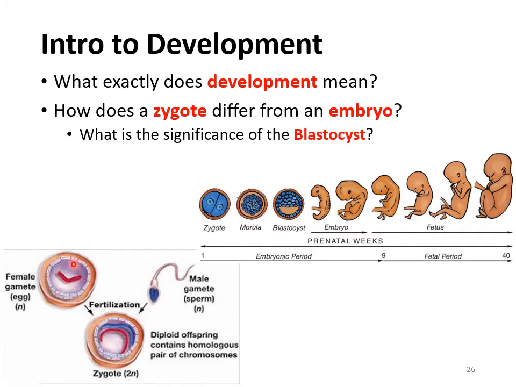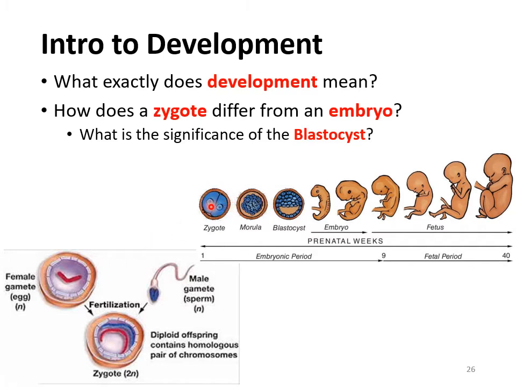When an egg is fused with a sperm cell during fertilization, that forms the zygote, and it is a single cell that now has the complete amount of genes that you are supposed to have.